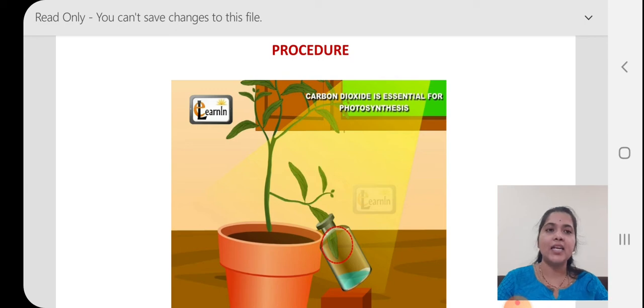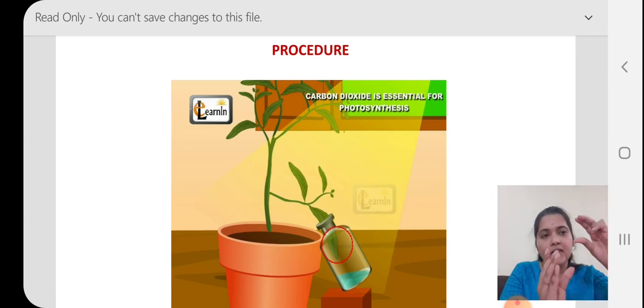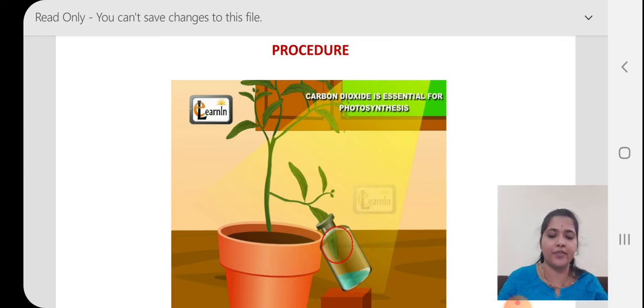Next, insert the splitted cork in the mouth of the bottle. On the top of the bottle you have an opening, isn't it? We are going to insert a cork which is this much thick. It is a rubber cork, and there will be some space to insert the leaf.